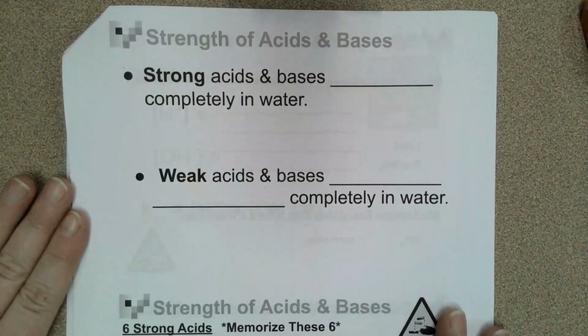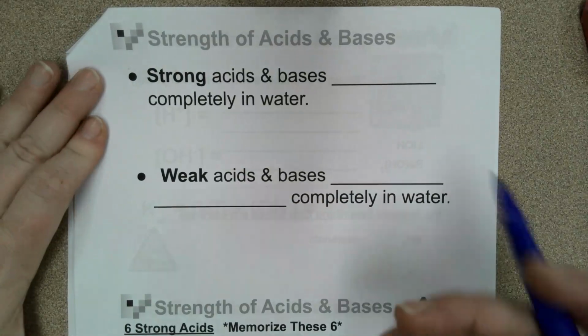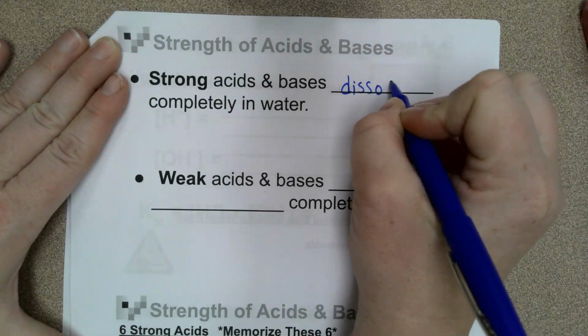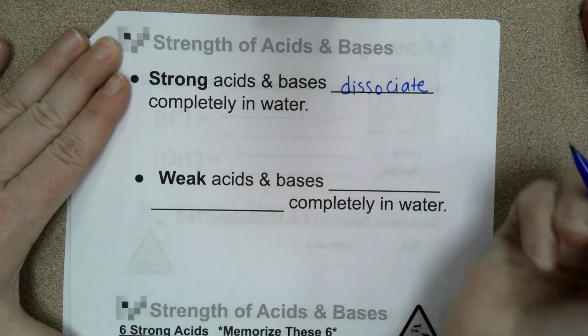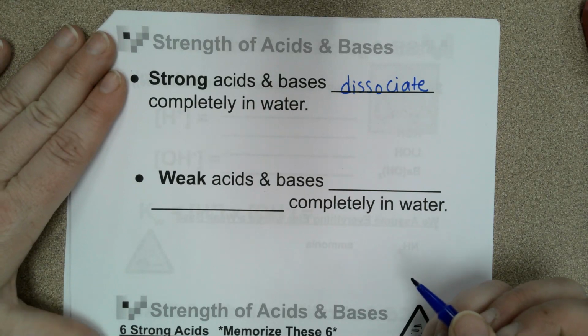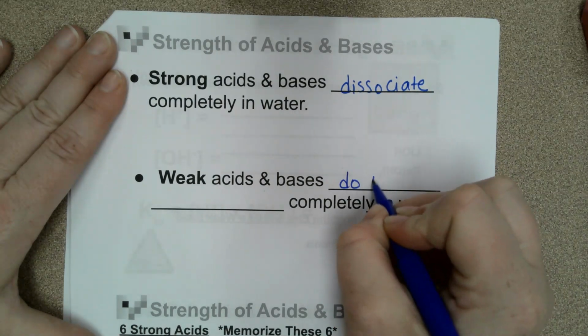All right, so there are different strengths to acids and bases. Strong acids and bases dissociate completely. That means they break up completely into their ions. And weak acids and bases do not.